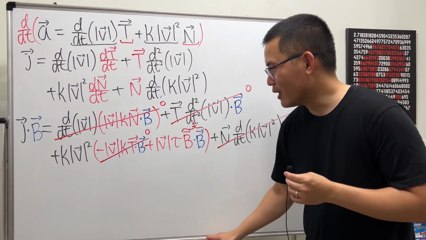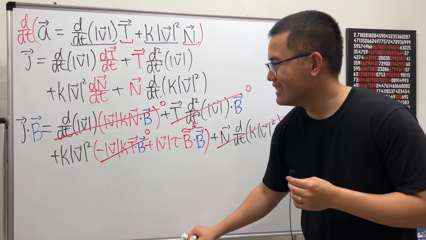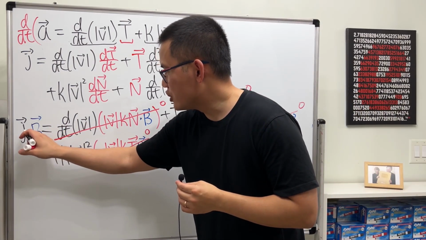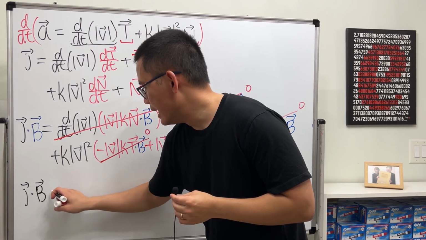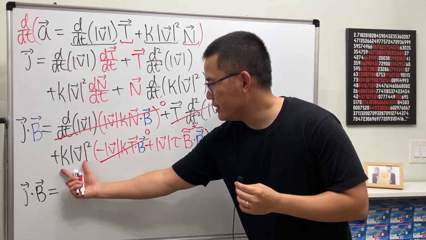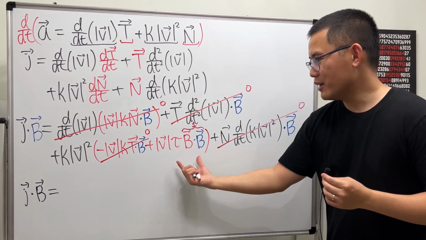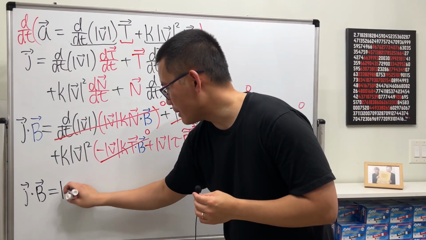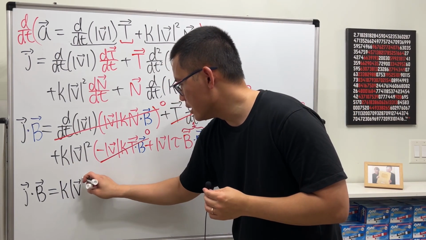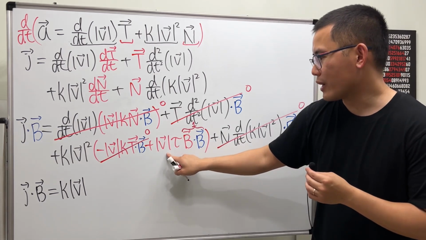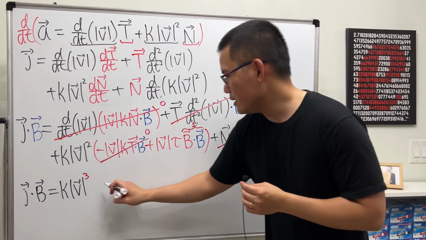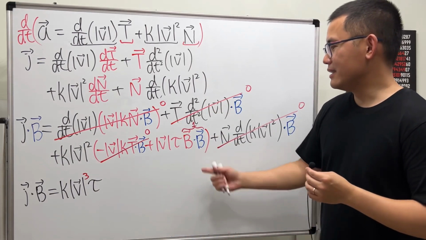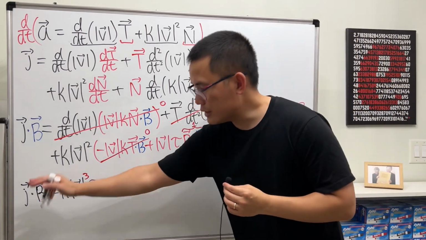So, ladies and gentlemen, we get j dot b equals, we have this, we have to multiply it into here, right? So we have the curvature kappa times the speed squared, but there's one more right here, so we will have that to the third power. And then we have the torsion tau, and this is just 1. So this is what we have.